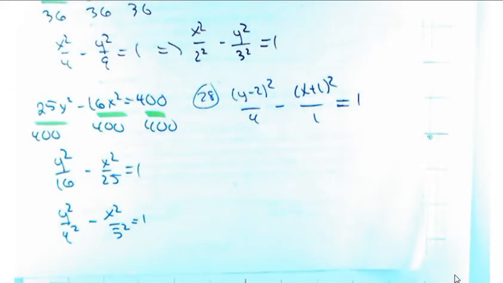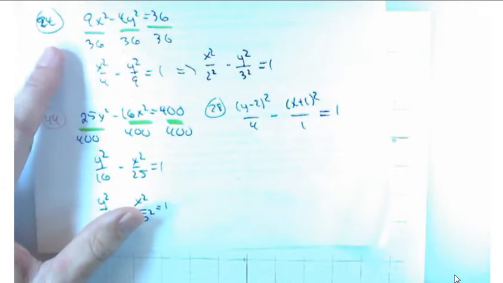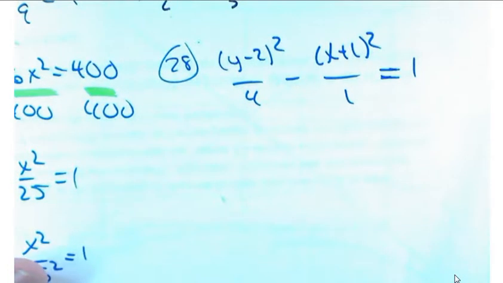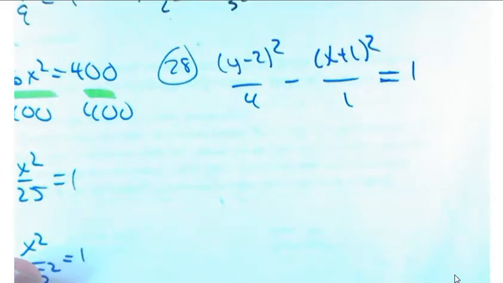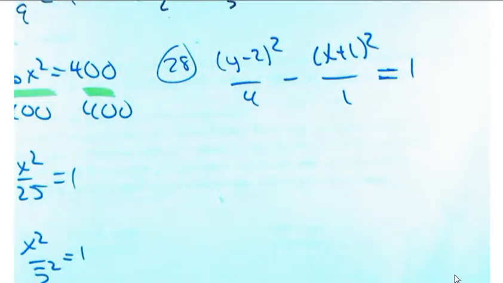What's different about this one as opposed to, say, a couple of our previous ones? Yeah, the center. All right. So the center is no longer at the origin on this one.